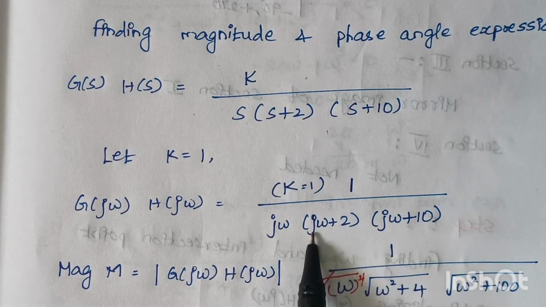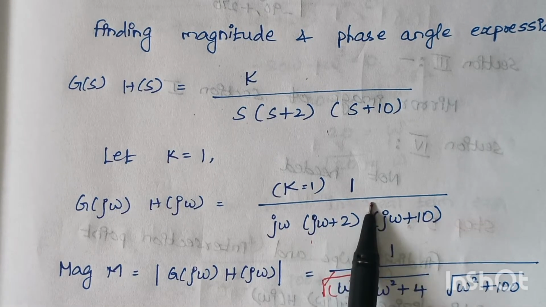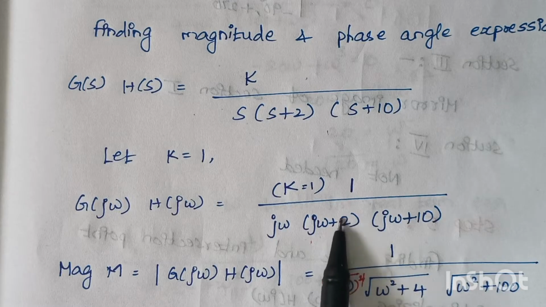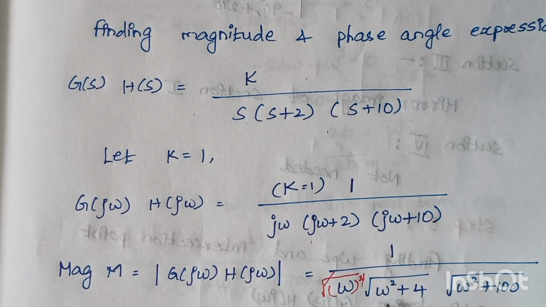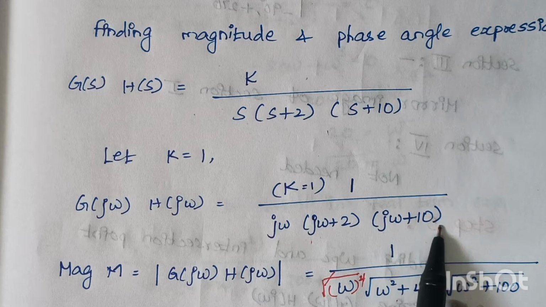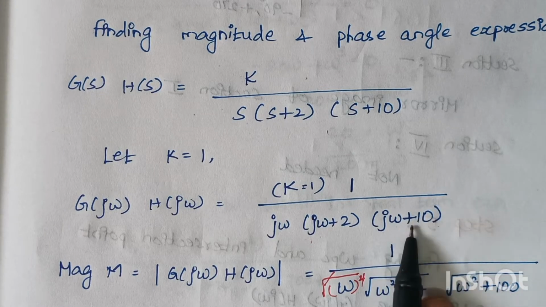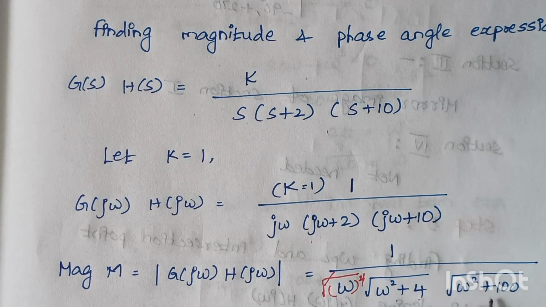For the next term, the square root of omega square plus 2 square is omega square plus 4. Here, the square root of omega square plus 10 square is omega square plus 100.